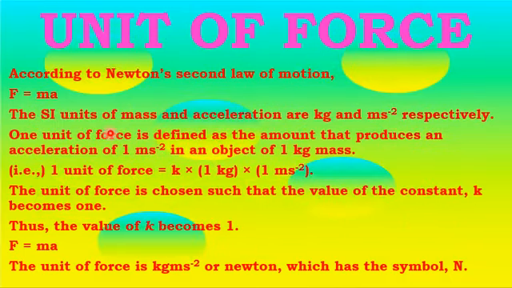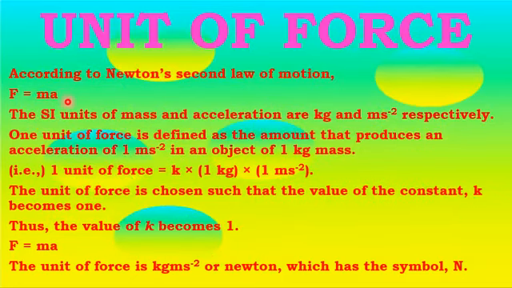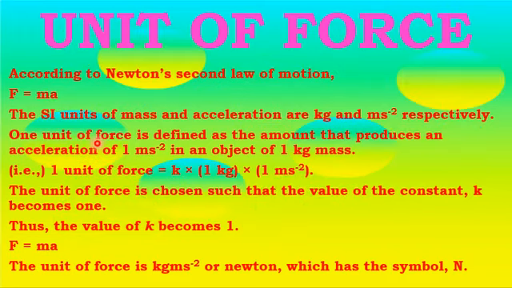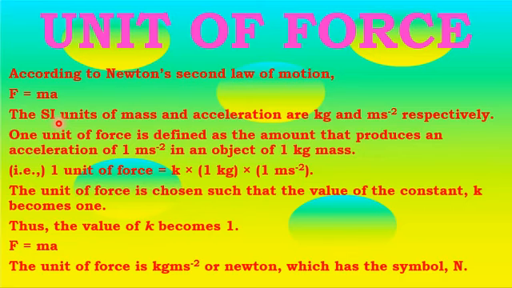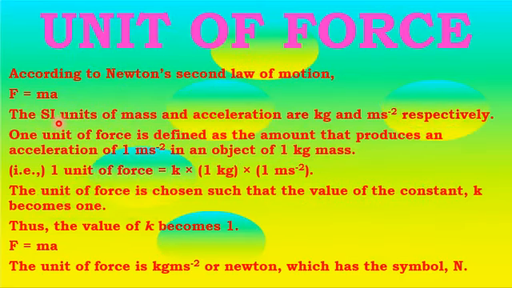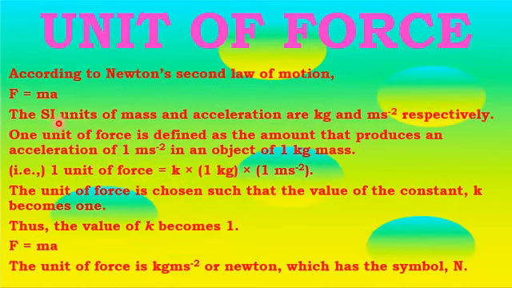So what is 1 unit of force? The unit of mass is kg, and the unit of acceleration is meter per second square. So the unit of force is kilogram meter per second square.